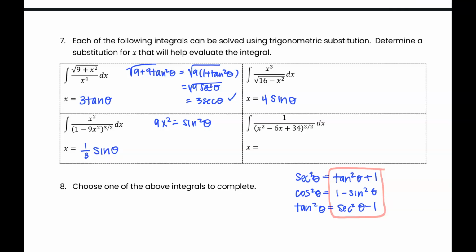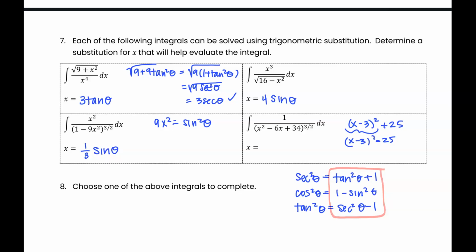This one we had to do a little bit of completing the square. We ended up with x minus 3 squared plus 25. And so again, we needed this thing, x minus 3 squared, to equal 25. We have a plus again? Really?